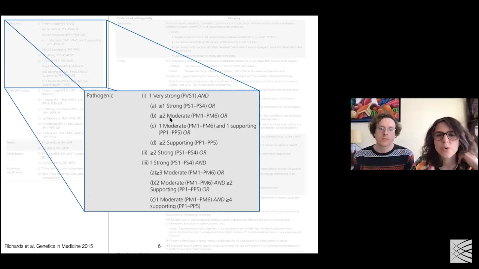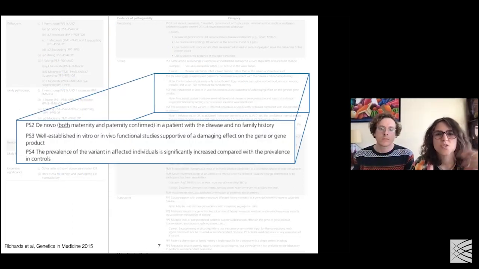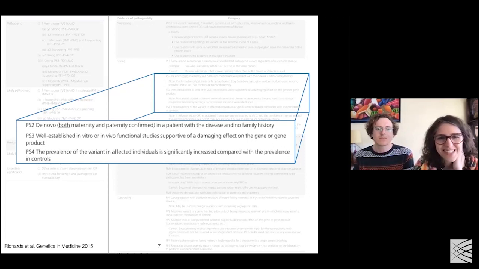They provide what they consider to be strong, moderate, and supporting sources of evidence. I highlighted here three strong sources of evidence. PS2 refers to familial genetic information, PS3 to well-established functional studies, which is also a vague term in itself, to understand the impact of variation on gene function, and PS4 refers to population-level genetic studies.